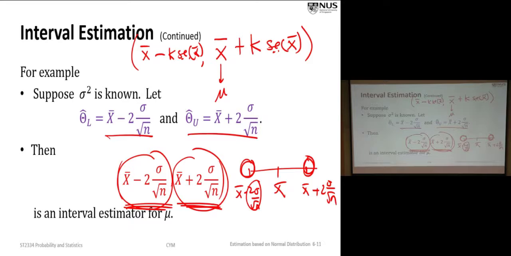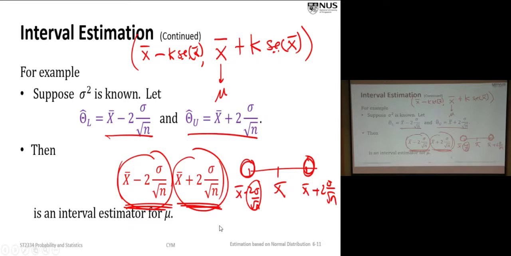So x bar is used to estimate mu. I subtract from x bar a certain quantity. This quantity is basically how many standard errors of x bar. So we subtract a certain number of standard errors of x bar and add the same from the x bar.